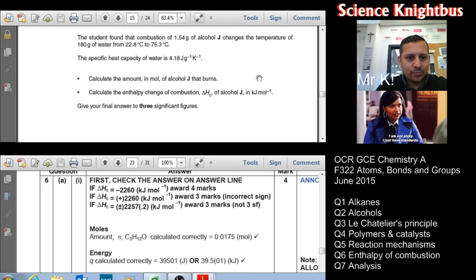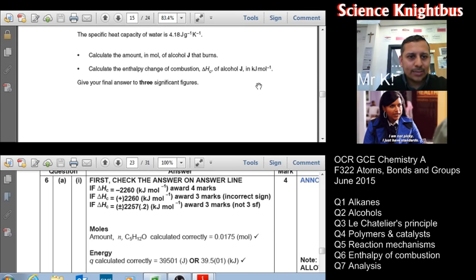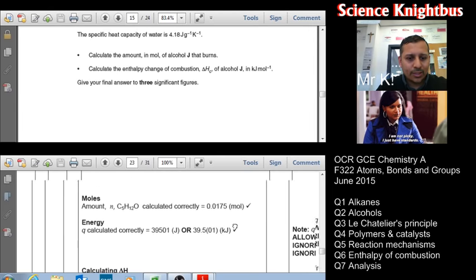Number of moles equals mass over molar mass, and then scale the enthalpy change down to 1 mole as well. And that's basically what's happening over here.